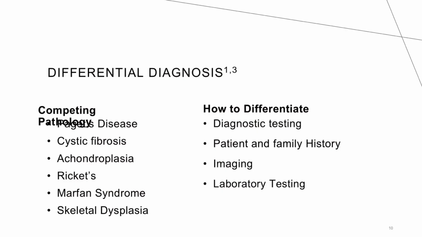All right, for our differential diagnosis, there are a lot of competing pathologies: Paget's disease, cystic fibrosis, achondroplasia, rickets, Marfan syndrome, and skeletal dysplasia. Those are some of the similar pathologies. How to differentiate is through diagnostic testing, imaging, lab testing, and looking at patient and family history.